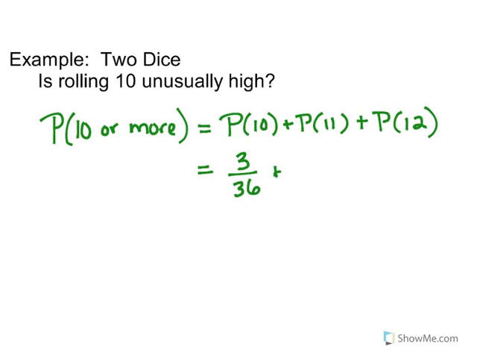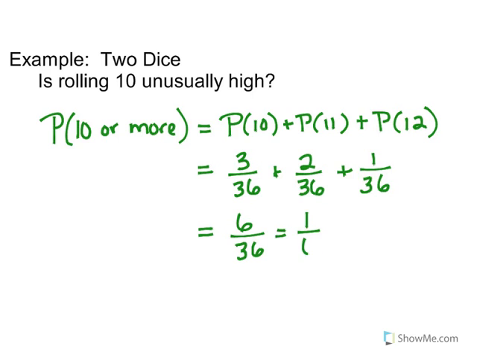Probability of rolling an 11, that was 2 out of 36. For the probability of rolling a 12, there was only one way to do that out of the 36 outcomes. If we add all of those together, we get 6 out of 36, which is 1 out of 6.